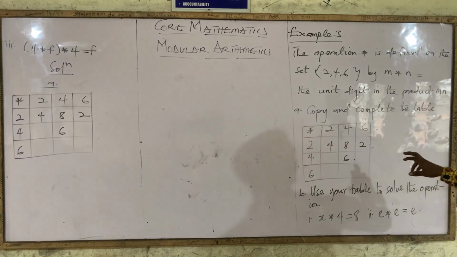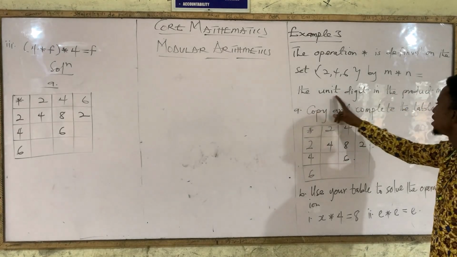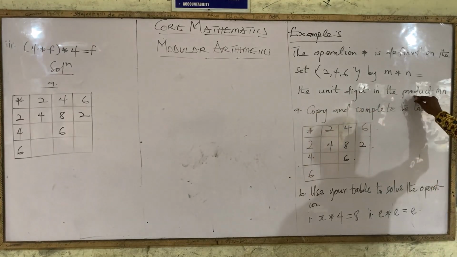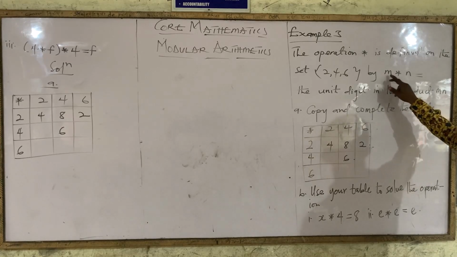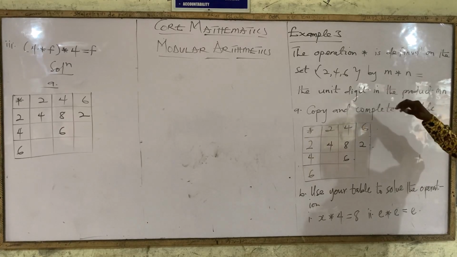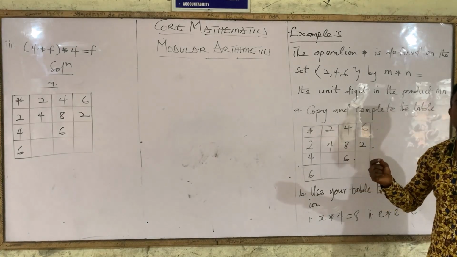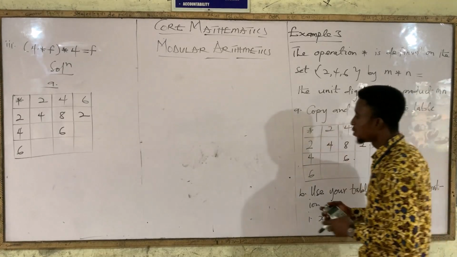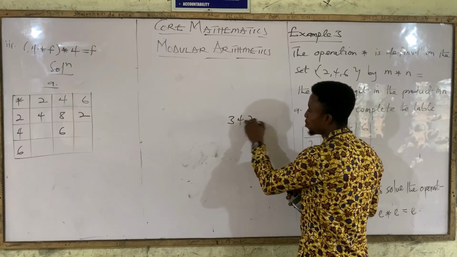Where is it? m star n is equal to the unit digit in the product mn. So when we multiply m by n, the answer that we get, we are interested in the unit what? Value. So let's imagine we multiply and we get, let's say, 342.